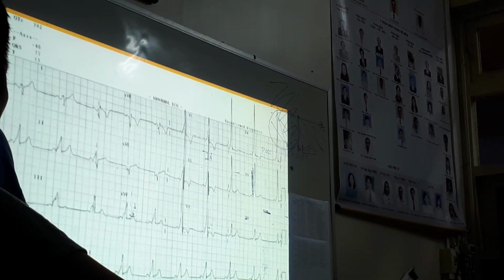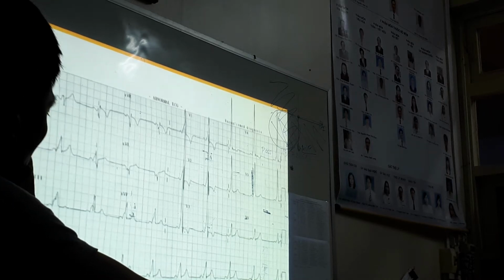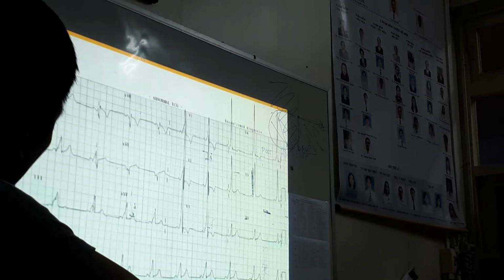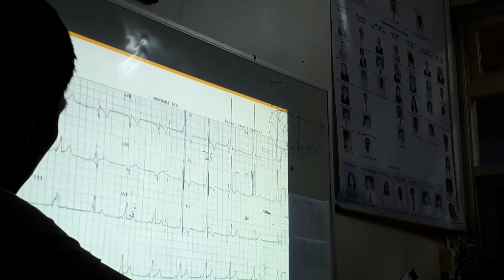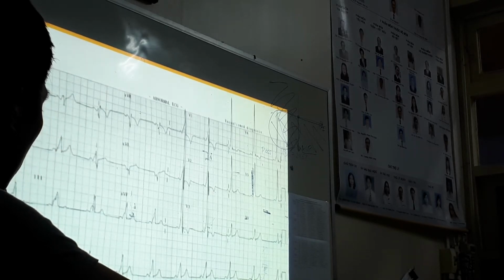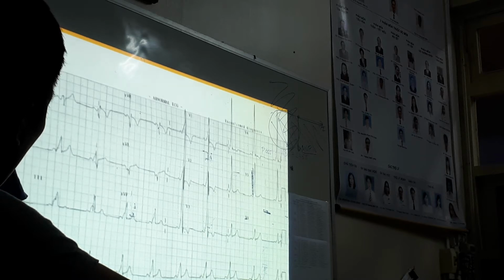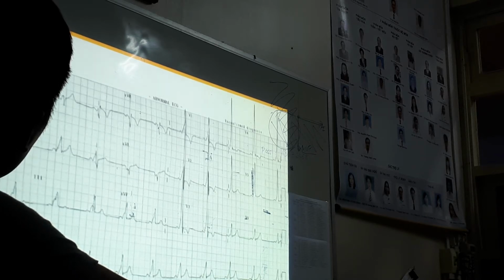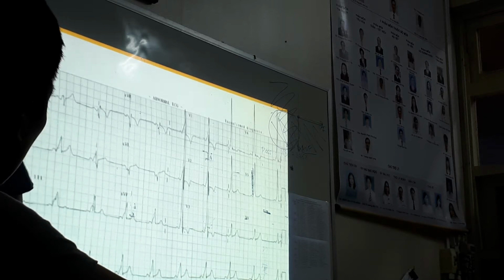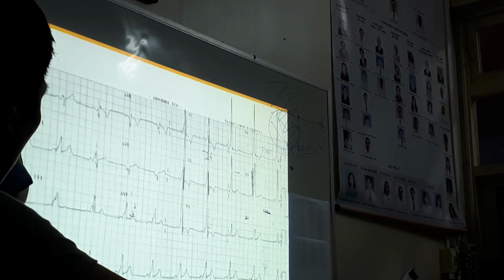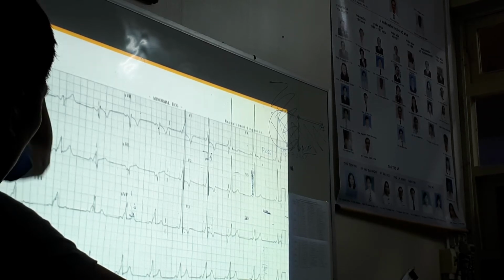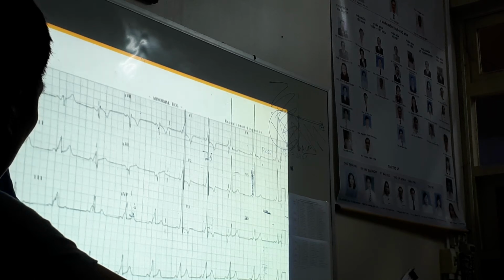So you have P, Q, R, S, and you have this break right here, which is your AV node. It slows it down, okay? And the reason it slows it down is once you have impulse from here to here, it takes time for the heart to squeeze blood down to here. So then you have that time, and then you can have your QRS and squeeze it to the rest of the body. So that's what you need this time right here.